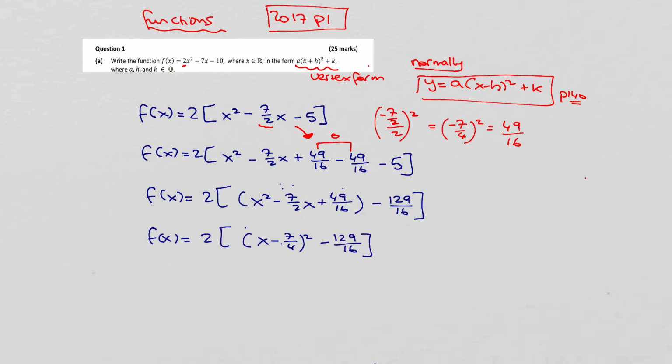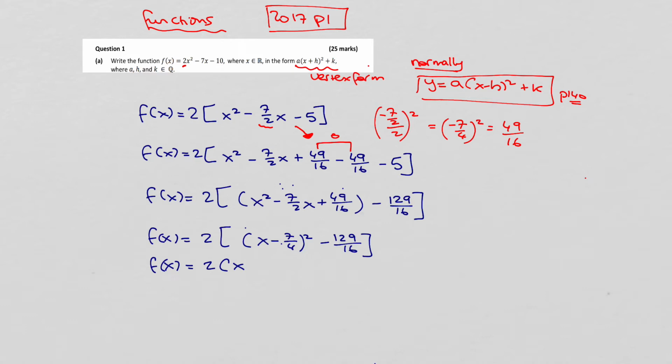Now, a lot of you kind of leave the answer like this, but we have to go back to the format that they wanted it in. And if you look, the format that they wanted is a number in front of x plus h to be squared, plus a number on its own. So a is not outside that bracket there. A is only times the x plus h to be squared. So that means I now have to take my 2 and I have to multiply it out.